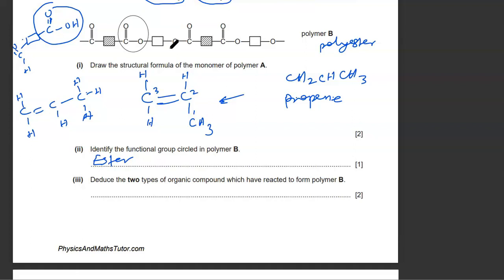Then in the repeating unit, find out the functional group that formed your link. So here, you know that this is an ester link, right? To form an ester link, what was lost? OH was lost and what? Hydrogen.